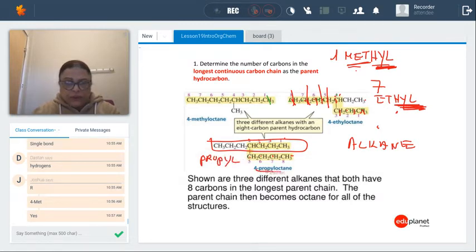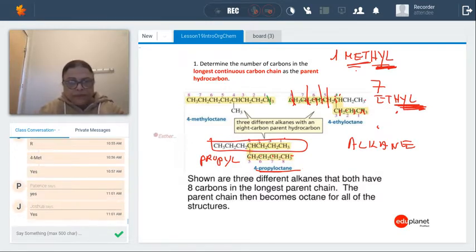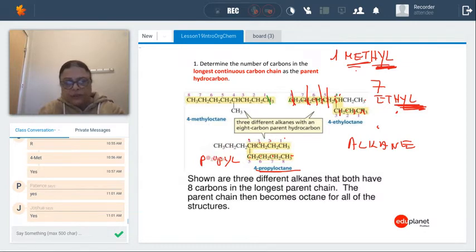So this will be 4-propyl octane. Okay, make sense? So when you stick to these rules of first finding the longest chain, then looking at the branching and giving the branching the smallest possible number, then you will write everything perfectly.